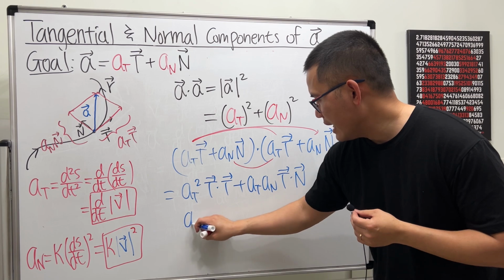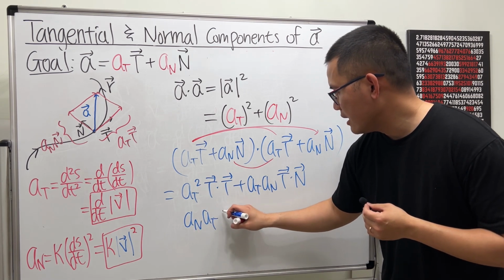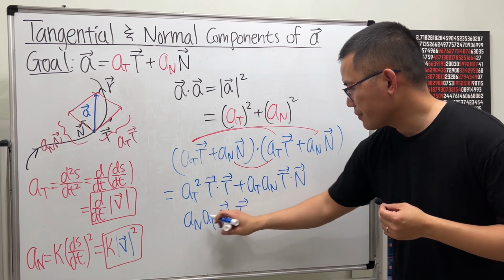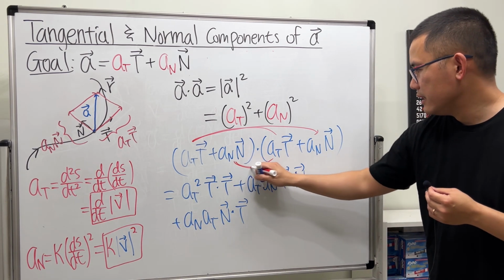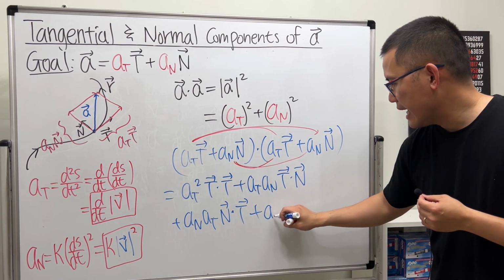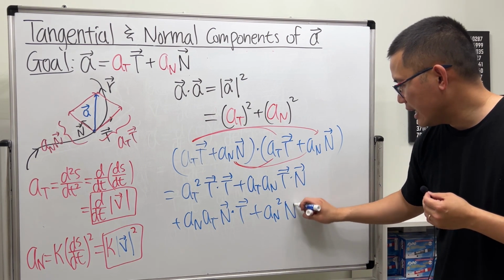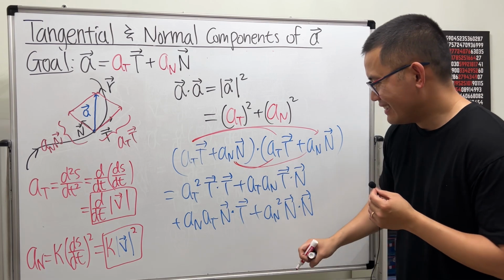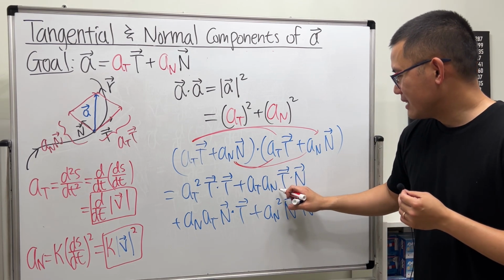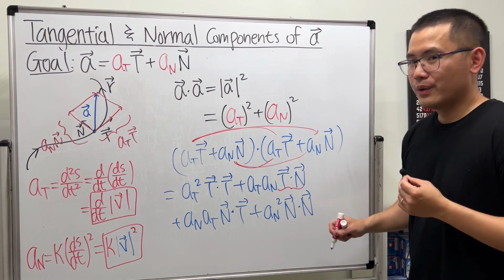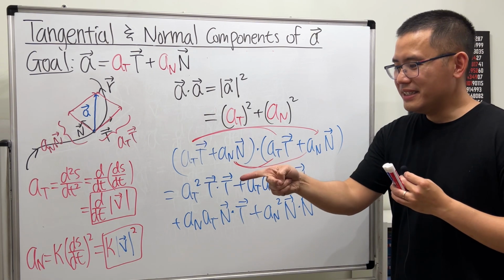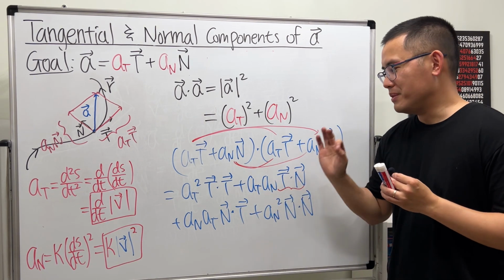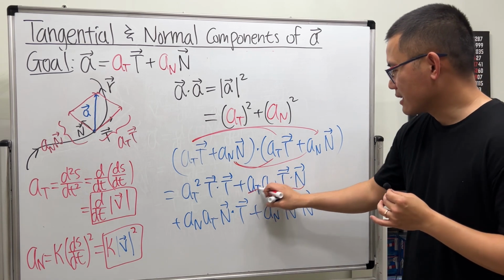So we will have AN AT and then N dot T. And then finally, this times that, which is AN squared and then N dot N. Now, what's this? What's T dot N? Well, T is right here, N is right here. They are normal to each other. So the dot product of it will be 0. So this right here is gone.